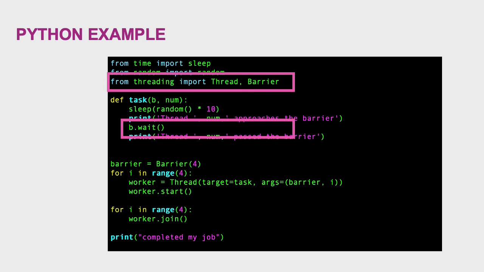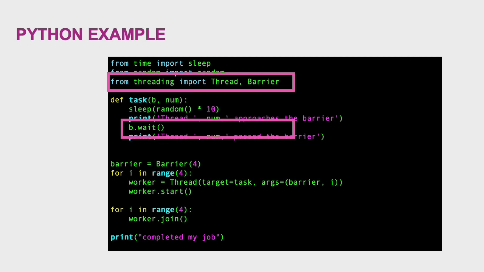And an important thing: we have to use the wait method. With the wait method, we expect the task to approach the barrier and attempt to trespass it, but for sure it has to wait until the number of threads that is expected to join actually approaches the barrier.